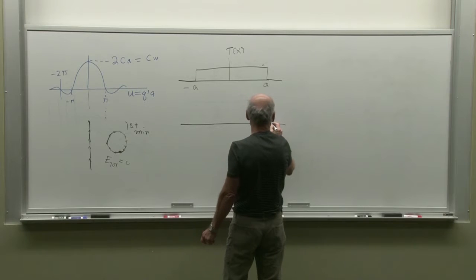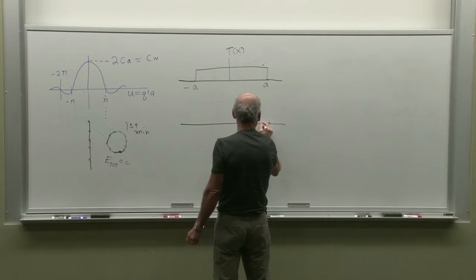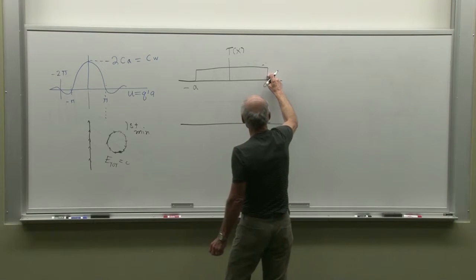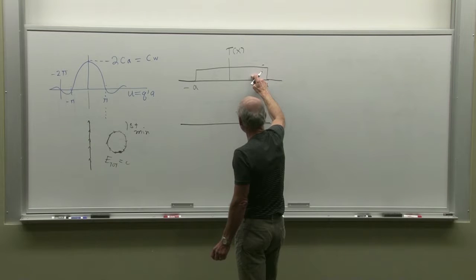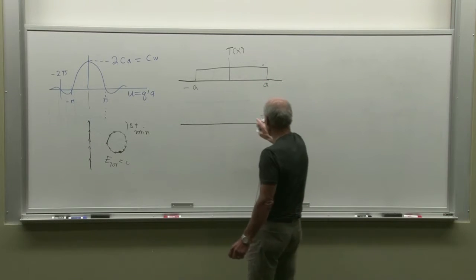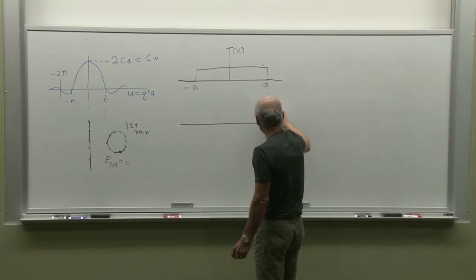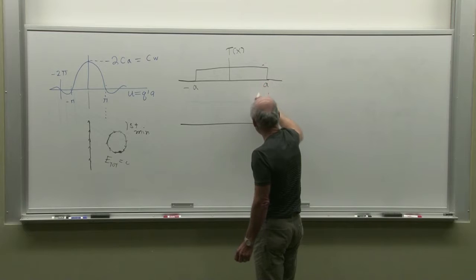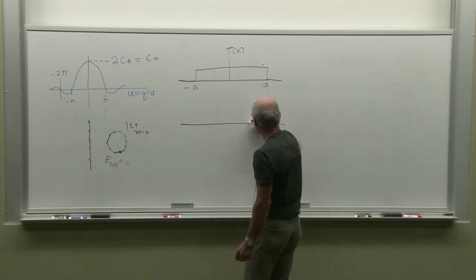If I break this apart, remember, a phasor came from this edge of the slit, a phasor came from this part of the slit, a phasor came from the middle of the slit. And so I'm going to try to represent those phasors. I'll put one phasor here, and then I'll work my way in. There'll be a phasor, but it won't be parallel. It'll be tipped up a little bit.